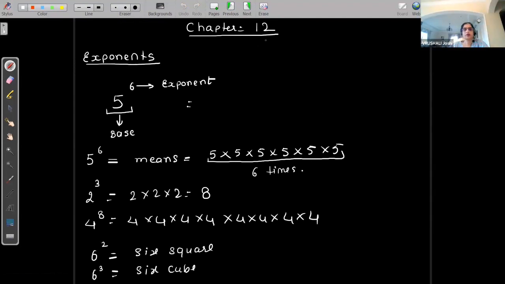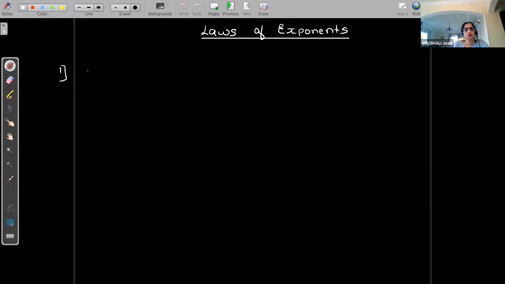So a to the power m into a to the power n is equal to a to the power m plus n. Second, a to the power m divided by a to the power n is equal to a to the power m minus n.